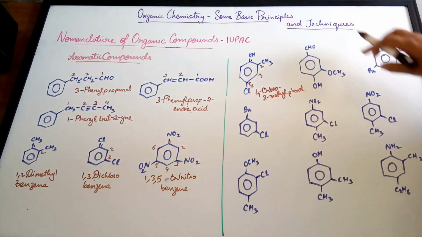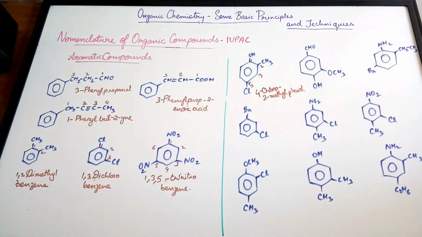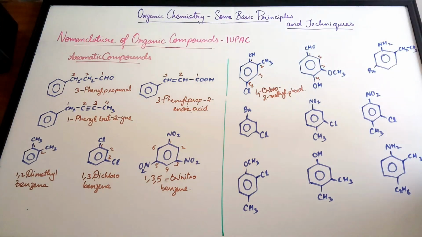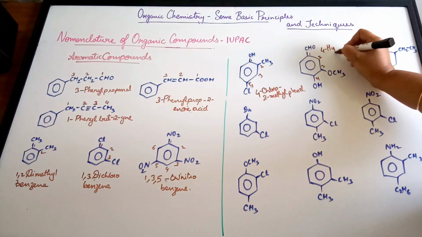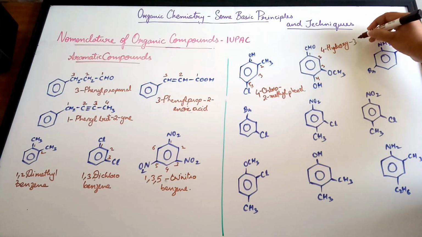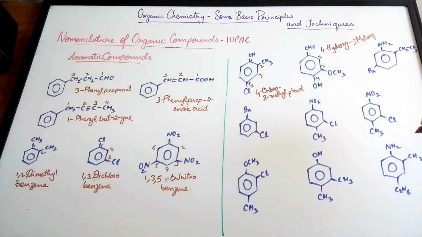Similarly, in this case, between a methoxy group, an alcohol, and an aldehyde, the aldehyde is going to be the principal functional group, so the name of this compound would be 4-hydroxy, because when alcohol is not the main substituent, it's going to be hydroxy. So 4-hydroxy-3-methoxybenzaldehyde.